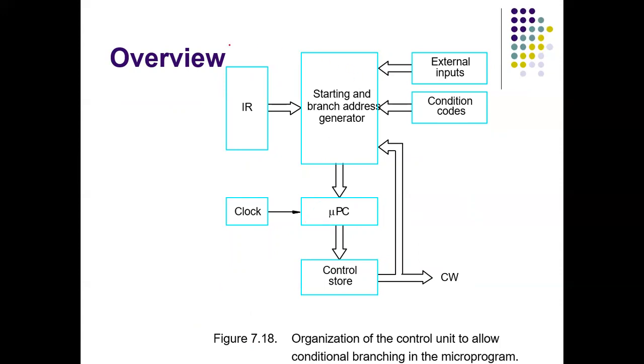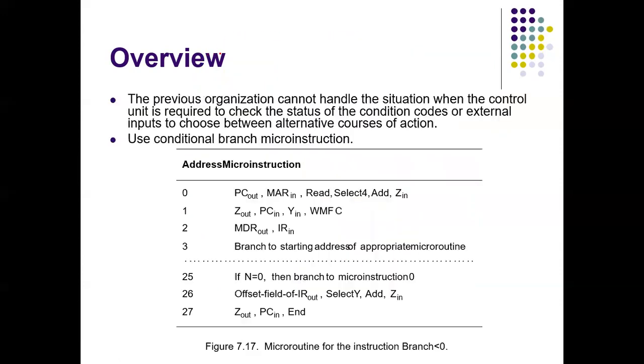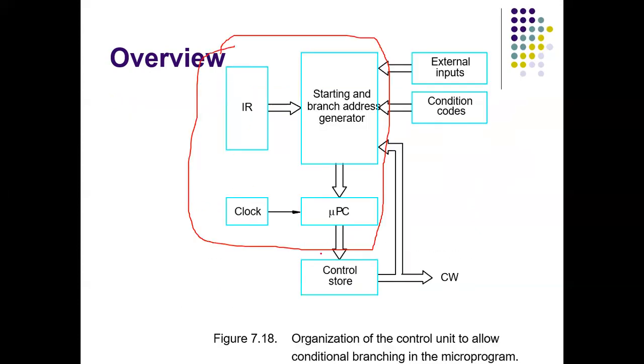All these parts are the same as in the previous diagram. To this entire thing, we are adding a check on whatever signals the output of the control store generates. We are comparing with something here that is not shown, such as some control flag: whether the zero flag is set or not, whether the negative flag is set or not, whether the overflow flag is set or not.